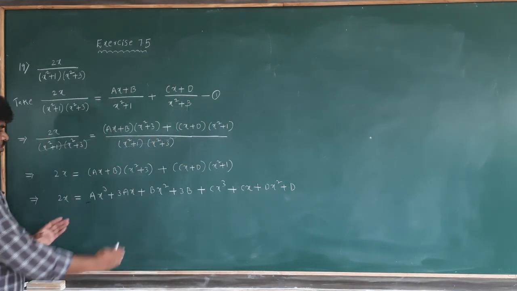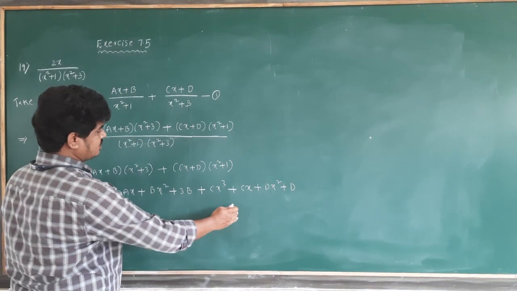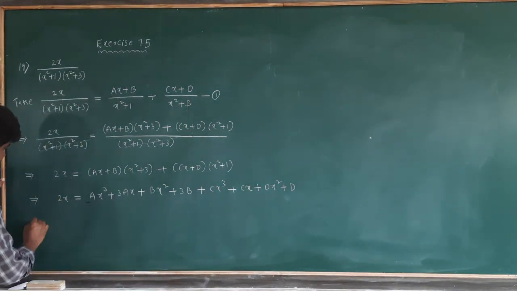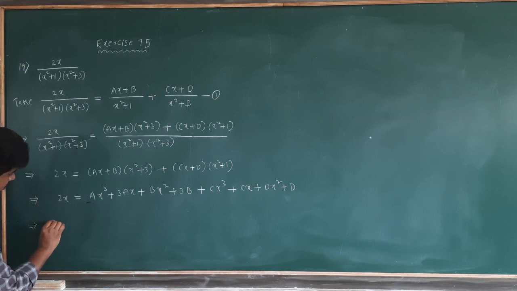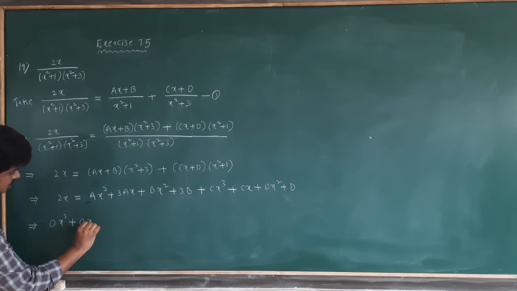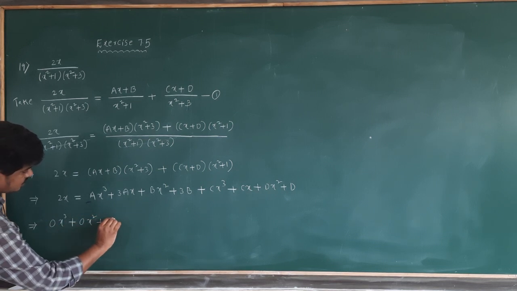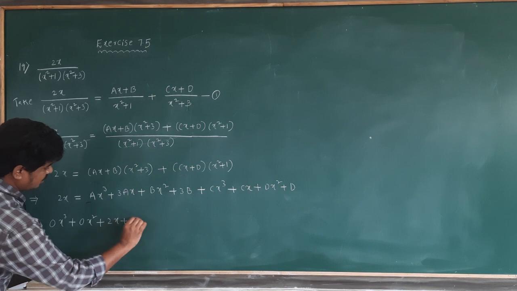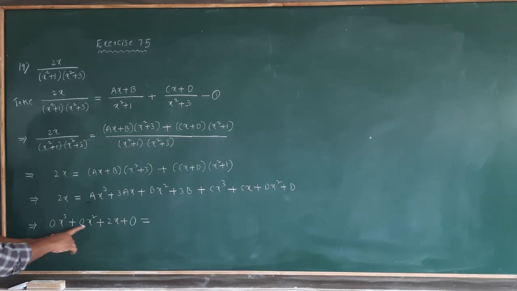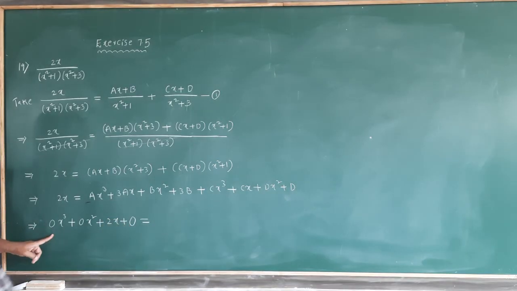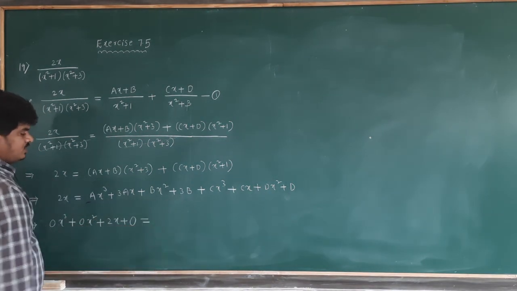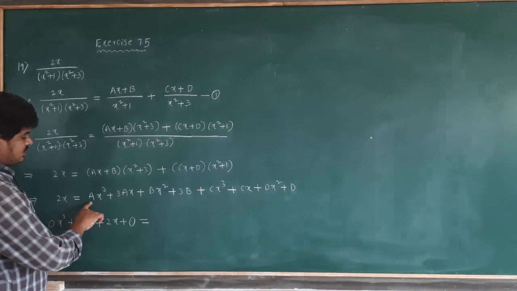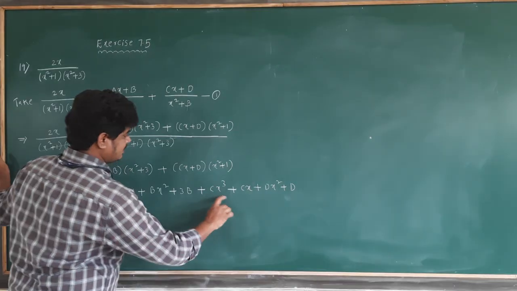Now write x cube terms, x square terms, x terms and constant terms together. So on the left side I am writing 0 into x cube plus 0 into x square plus 2x plus 0. But actually we have only the x term here.